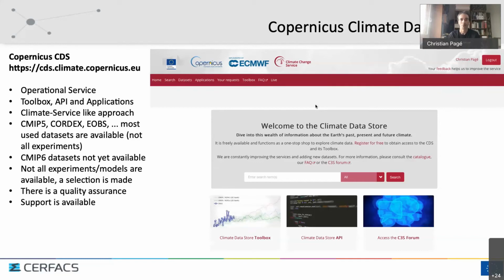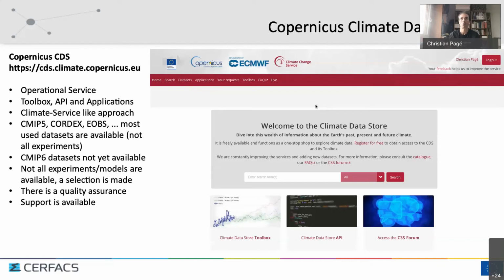It hosts access to CMIP5, CORDEX, E-OBS, and the most used datasets are available, but not all the experiments. For example, many datasets available in Climate for Impact are not available here. And an important thing to consider is that the CMIP6 datasets are not yet available. Even for CMIP5, you don't have all the experiments.